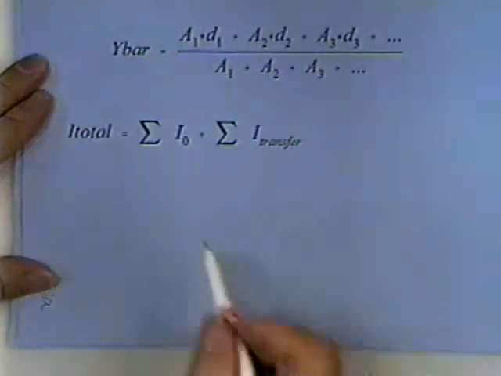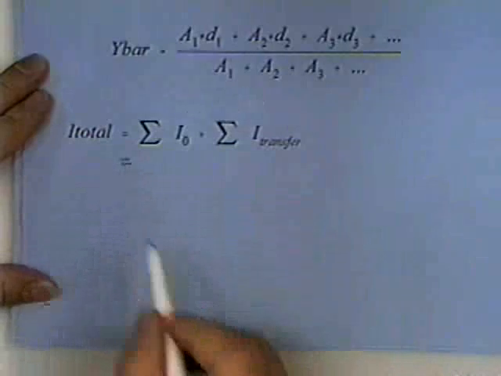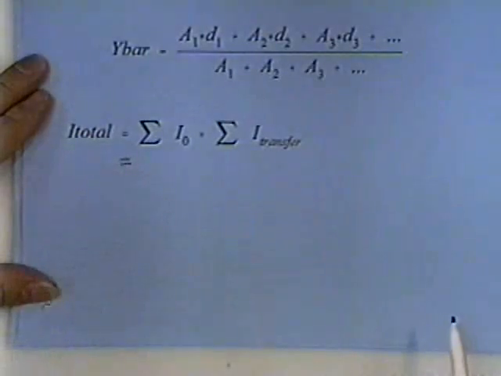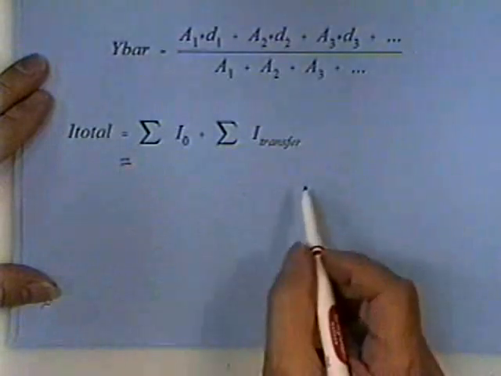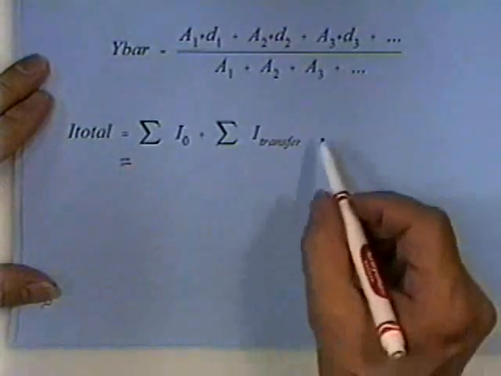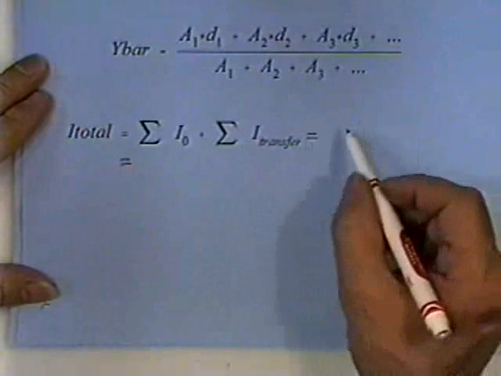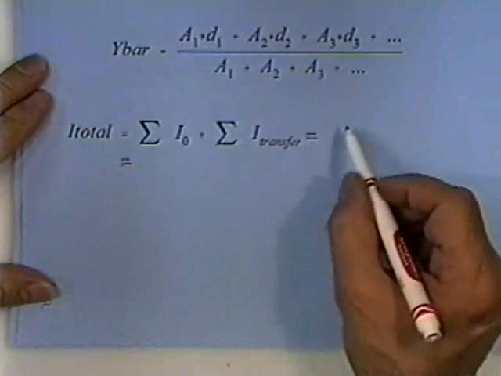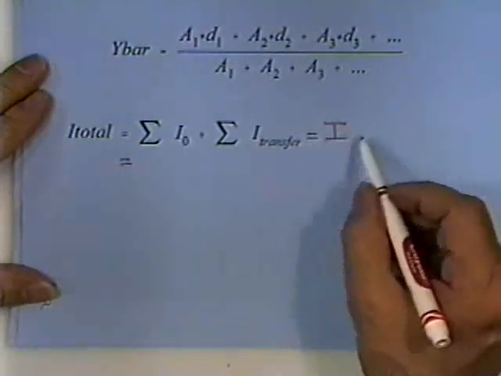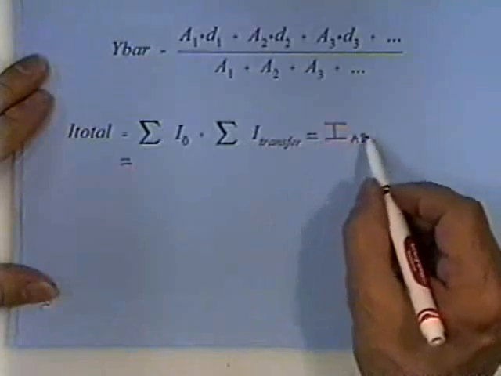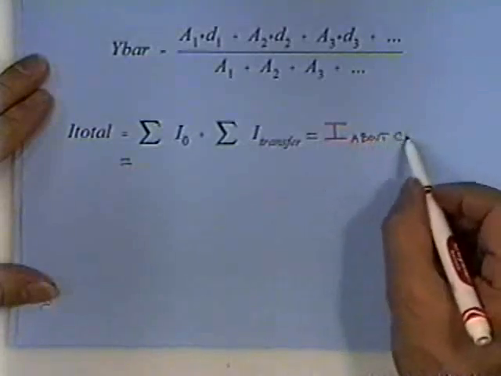Now then, the moment of inertia of these shapes will always be found about the centroid. So this I total, or just normally called I, is actually I about the centroid.